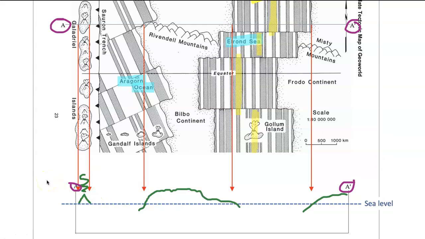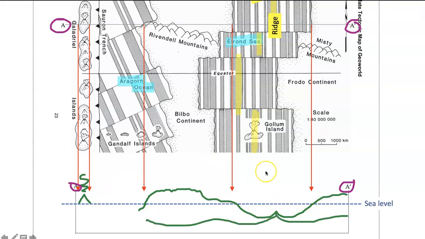Now we have to think about what's going to go on in the oceans. Well, remember we have a ridge here, and it crosses the A A prime line right here. So down below, we need to put in the seafloor spreading ridge, and remember it's elevated right where the spreading occurs. Let's put in some more parts of this diagram so we can think about lithosphere and asthenosphere.